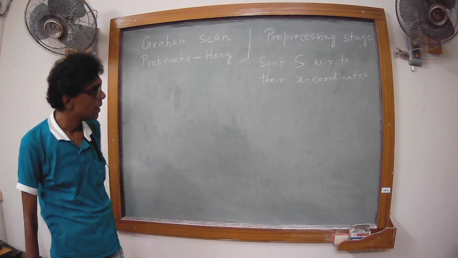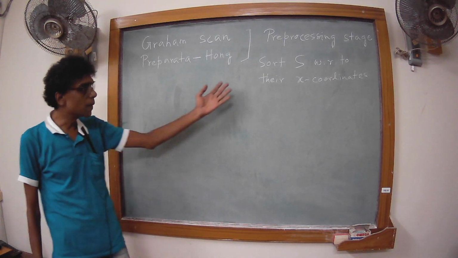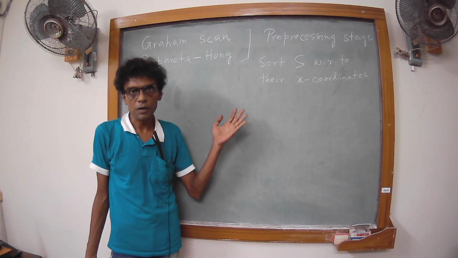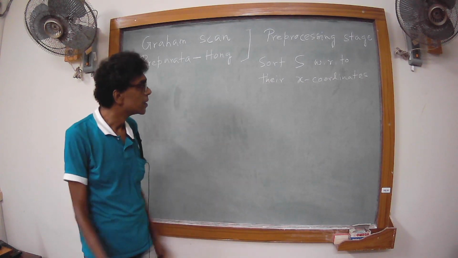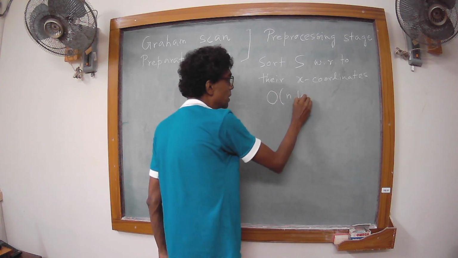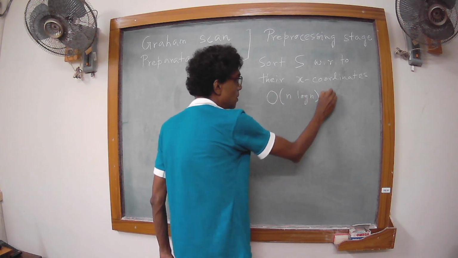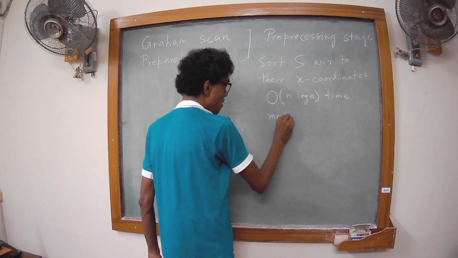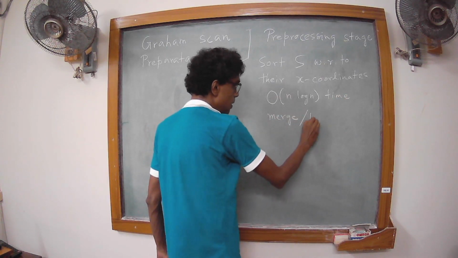So use any optimal sorting algorithm like merge sort or heap sort, and this preprocessing stage takes big O of n log n time by merge sort or heap sort.